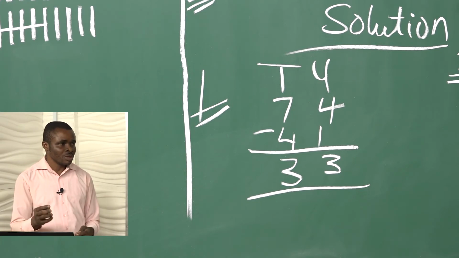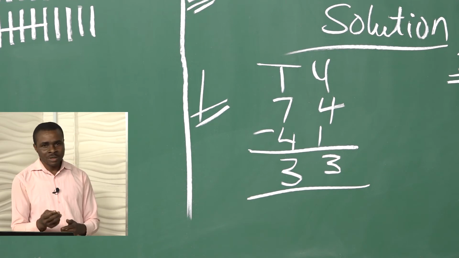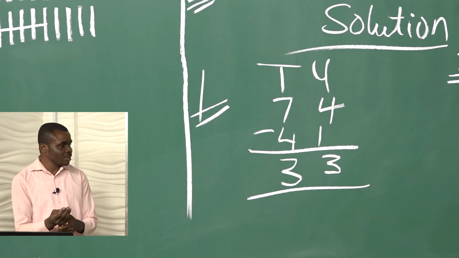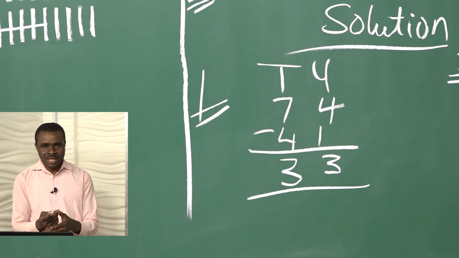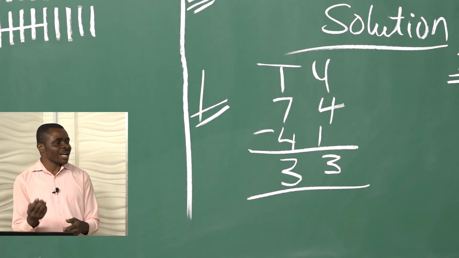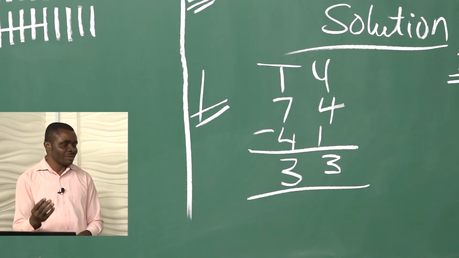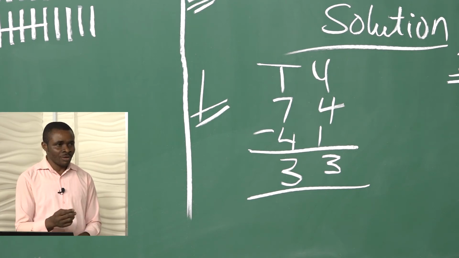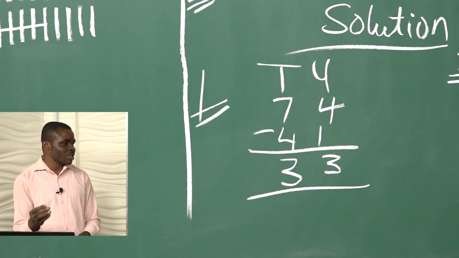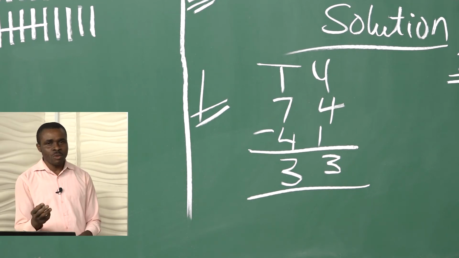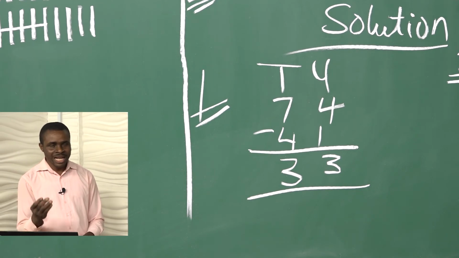Count 4 strokes. 1, 2, 3, and 4. After counting 4, remove 1 from the 4. Now the strokes that are remaining, you count them, which is 1, 2, and 3.